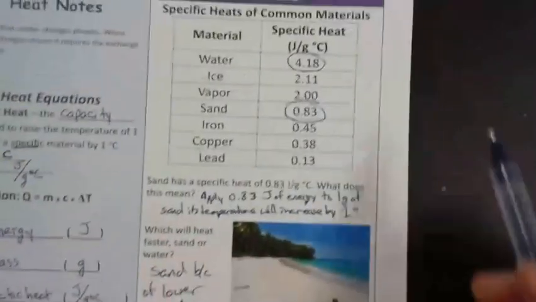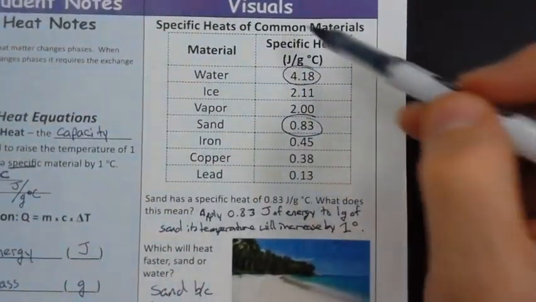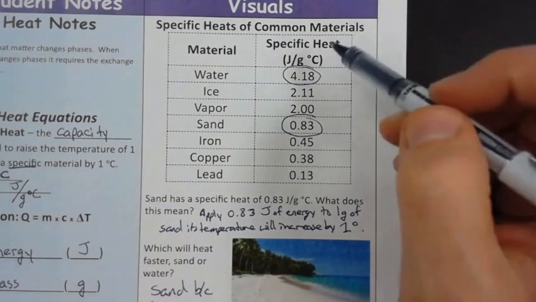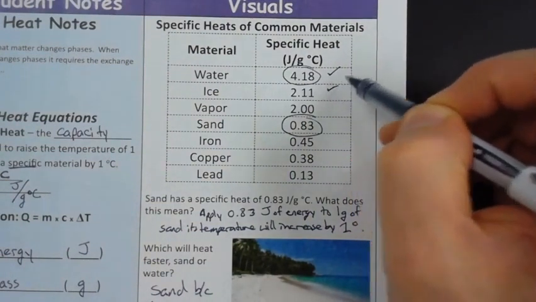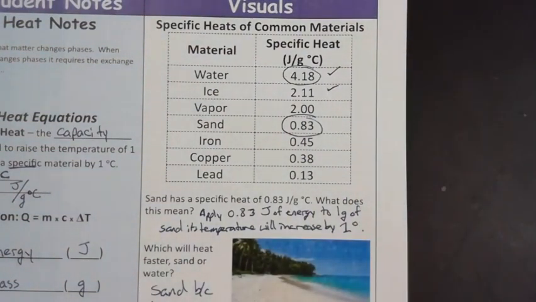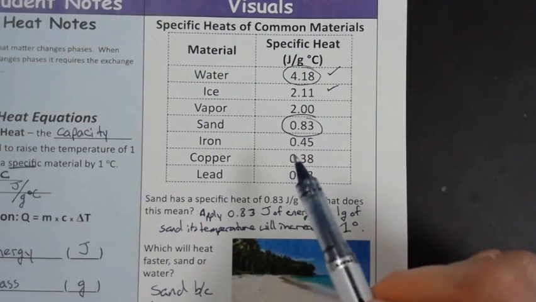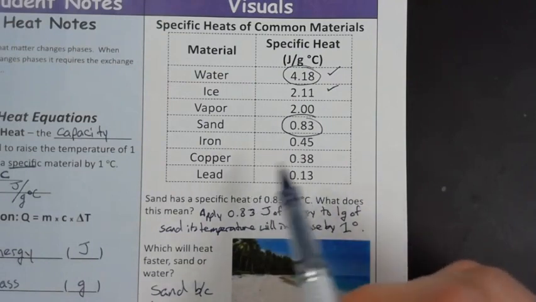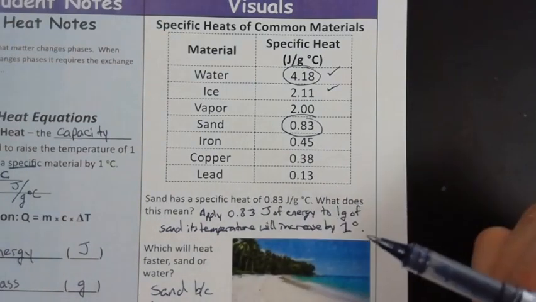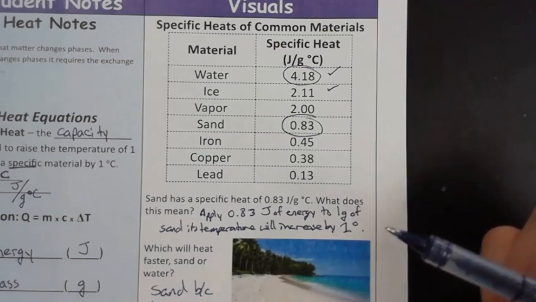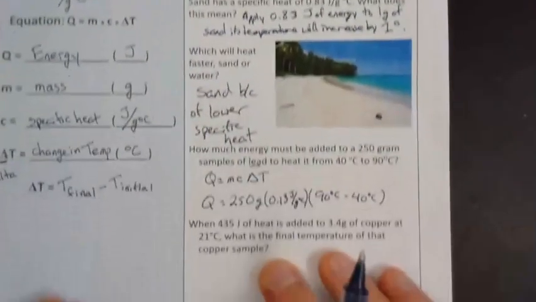Now, I will also mention at this point, there's no point in having any of these values memorized. These two are the most common that we're going to use over and over again, so those become kind of stuck in your brain just from using them so much. But there won't be any questions on your test about like, well, what's the specific heat of copper? That's a value that you'd have to be provided or solve for in a particular question, right?